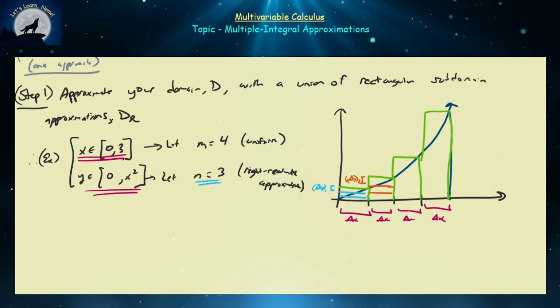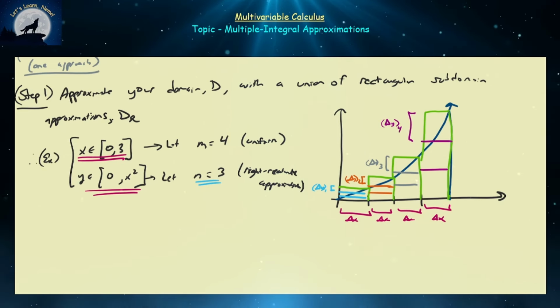Then if we go upwards to our next rectangle, 1, 2, and 3, this distance right here could be delta y 3. And then we progress onto the last rectangle, our largest rectangle, 1, 2, and 3. So this would be delta y 4, right? Notice that delta y is not staying constant. So delta y is subscripted from 1 to 4 in this case, because we have 4 regions with respect to x.